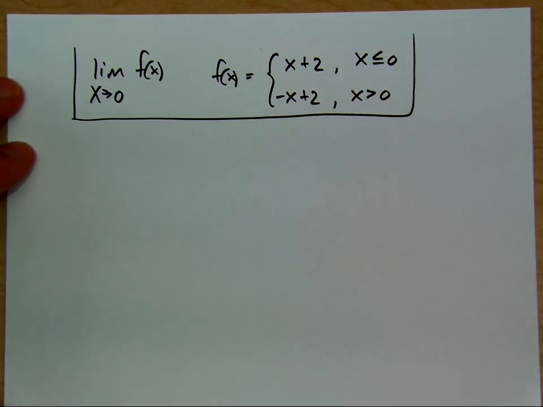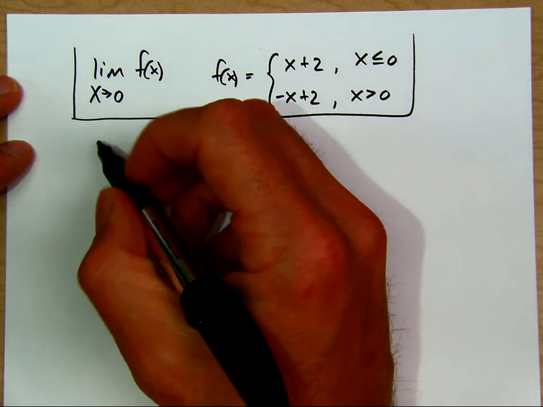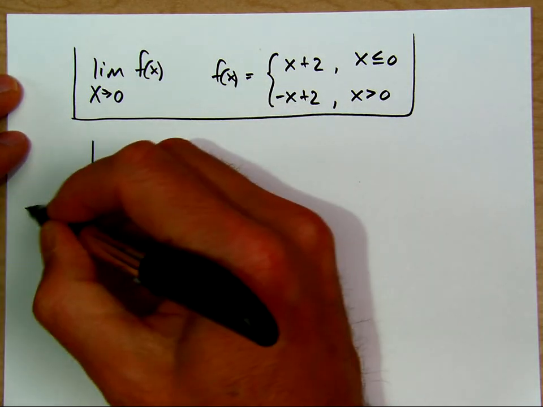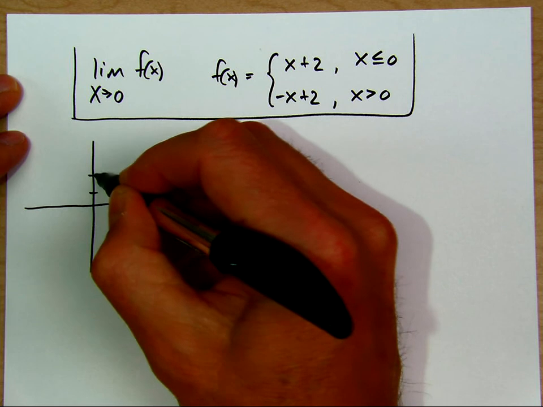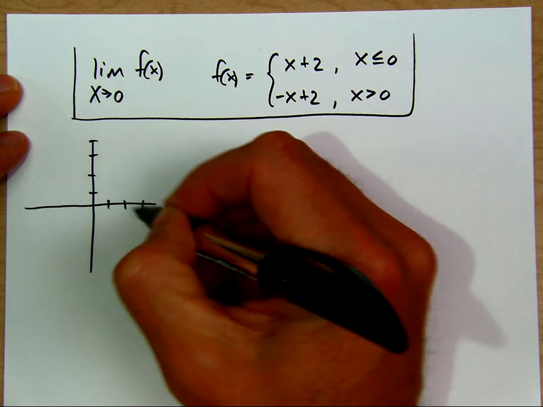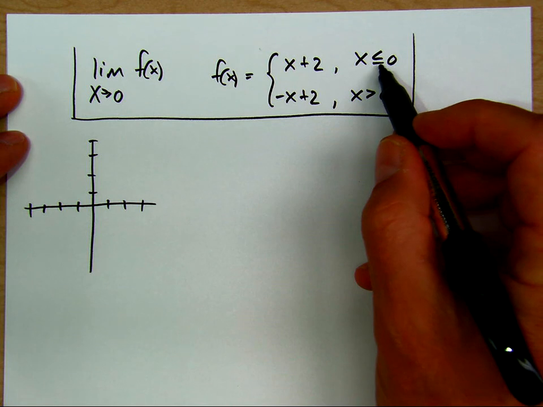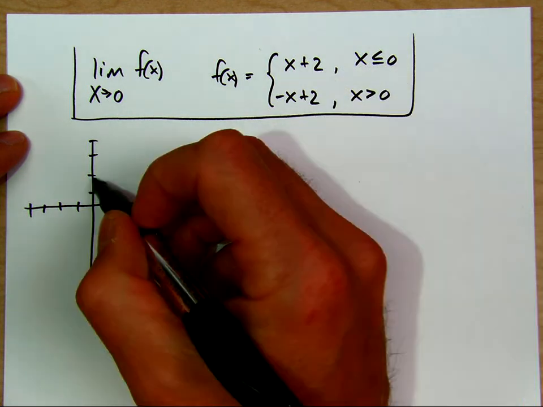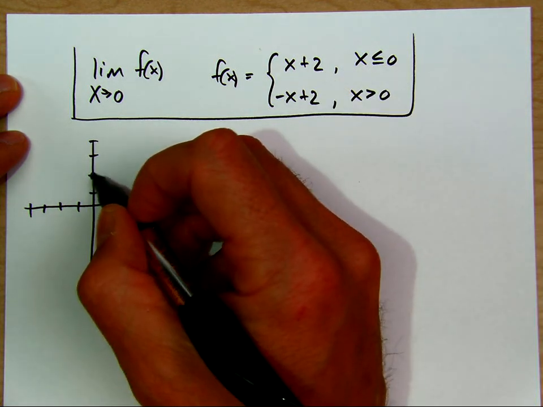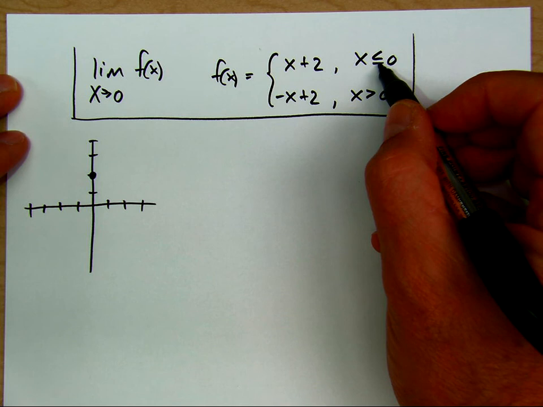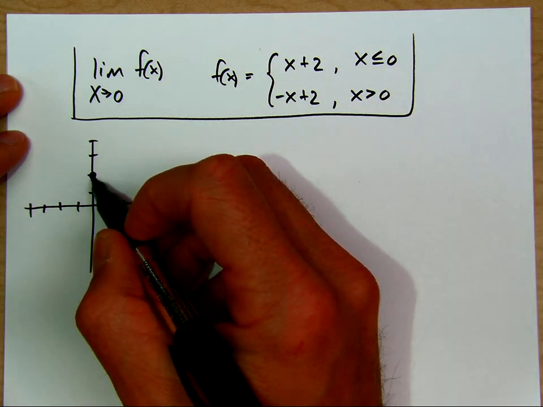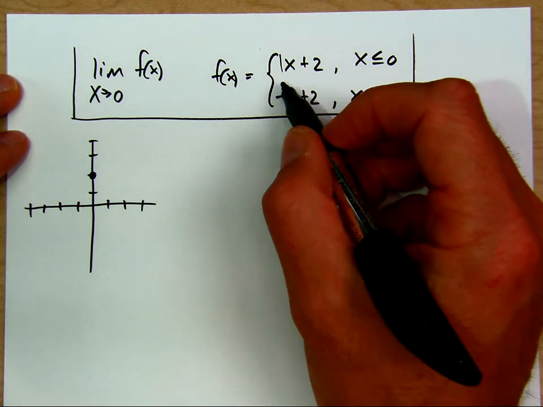Pause the video and try this one graphically and numerically. So to the left of 0, we have a y-intercept of 2, and we include the y value at 0, so that's a closed circle with a slope of 1.